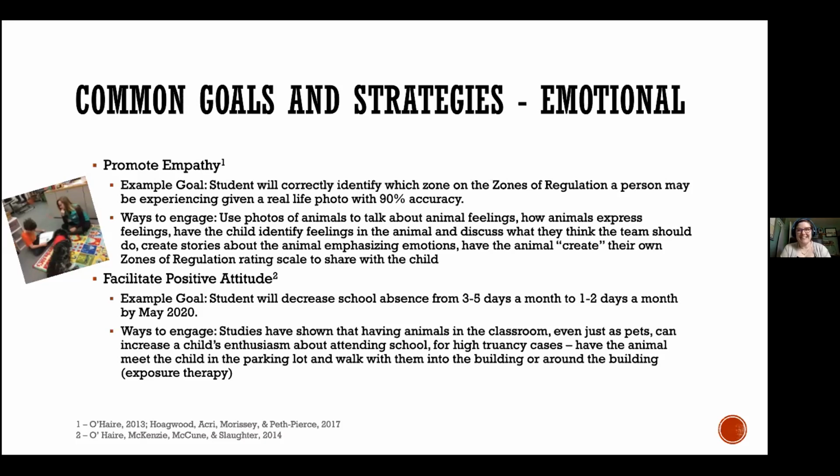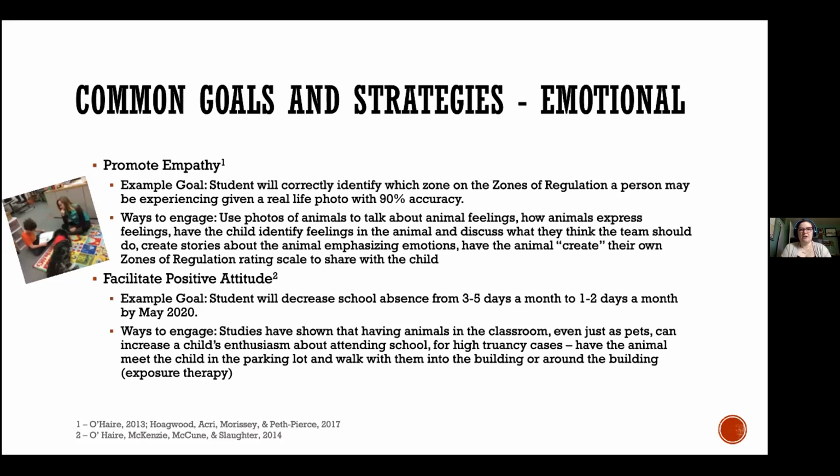So having your animal's zones of regulation chart made ahead of time, or working on it together with the child while they work on theirs, are some great ways to engage and share with the child some of the concepts that you want them to learn.